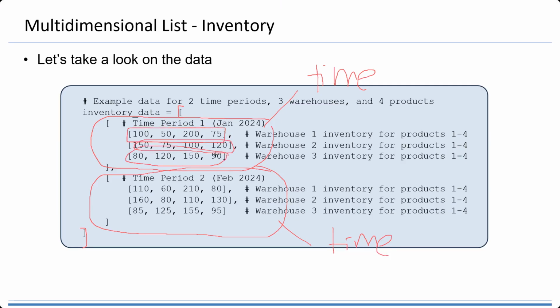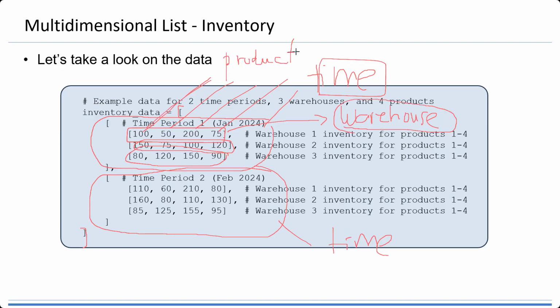For each warehouse, we have values to indicate the product. Then it means there are 3 dimensions. The first dimension is the time dimension. The second dimension is the warehouse dimension. And the third dimension is the product. So this is multi-dimensional, more than 2 dimensions.